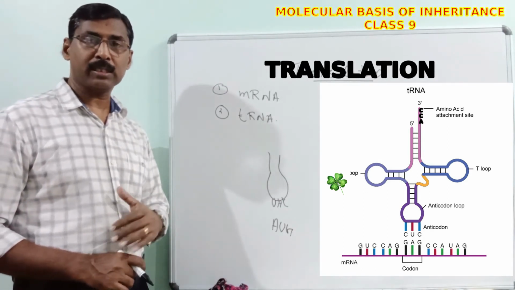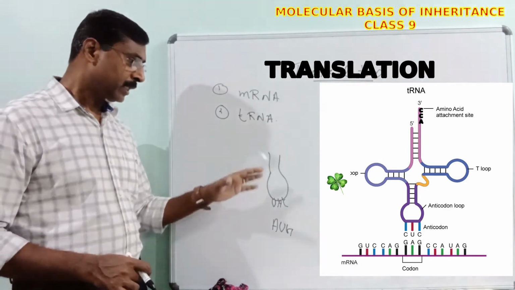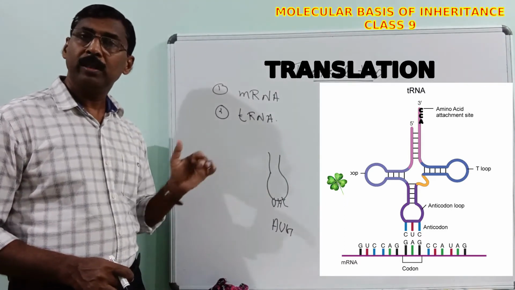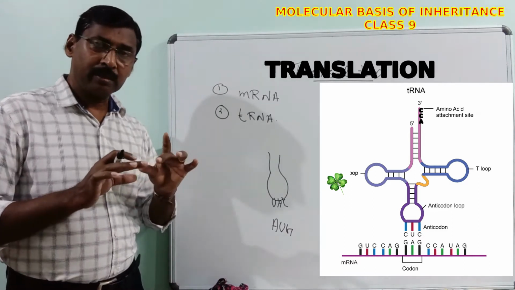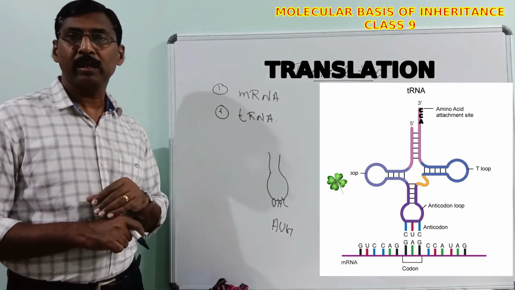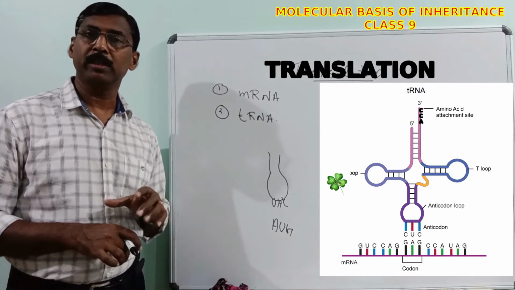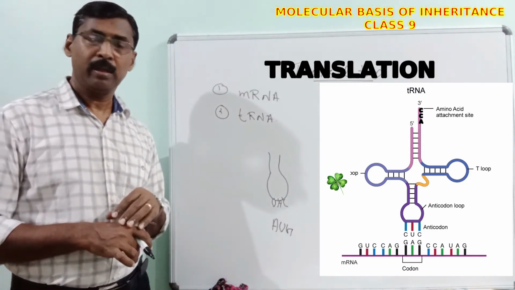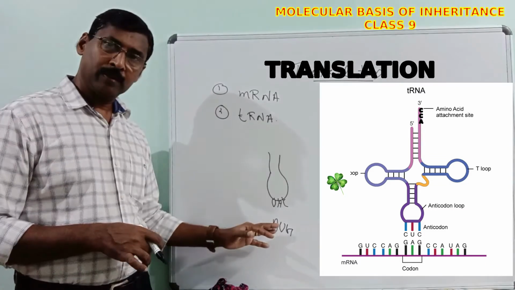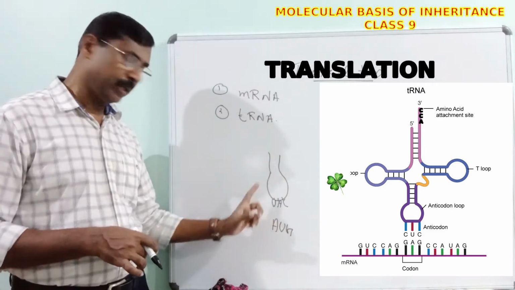So during the process of translation, the transfer RNA would accomplish a temporary base pairing with the codons of the messenger RNA. A temporary base pairing. So for that it should be complementary.